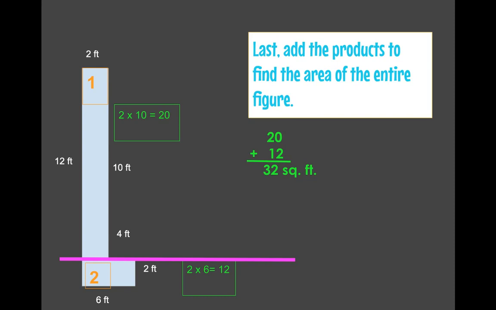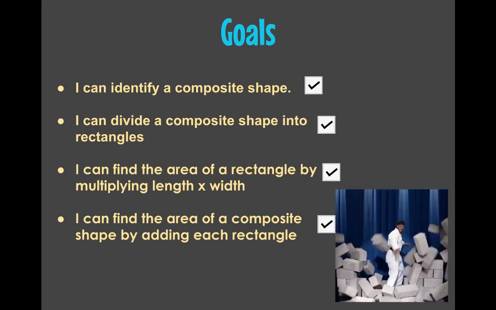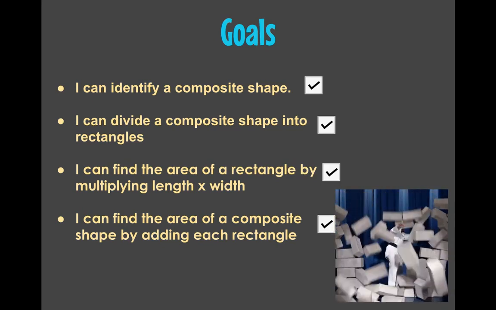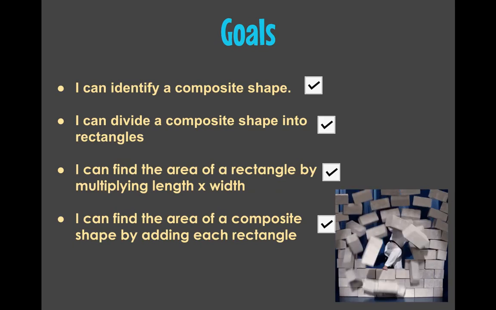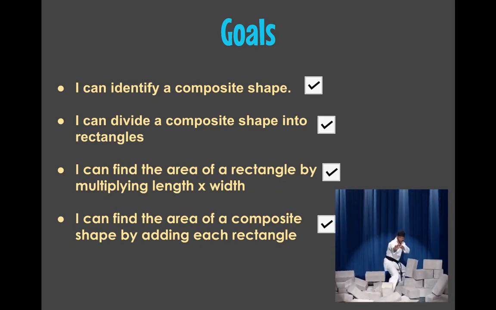And that's how it's done. So identify the composite shape, divide it into as few rectangles as possible, find the area for each one of those rectangles, and then add the areas together to find the area of a composite shape. And that is how it's done.